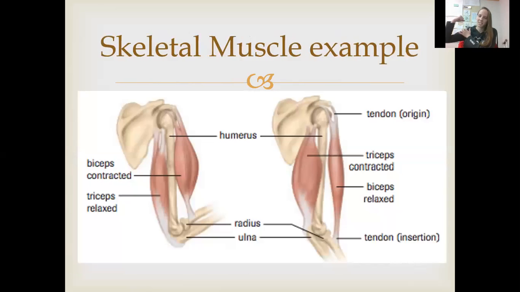So for example, still talking about your upper arm, you would have the tendon that attaches to your shoulder, that's attaching to a part that's not moving. That would be the origin. And then the tendon that attaches to your lower arm would be the insertion, because that's the part that's actually moving when you contract either your bicep or your tricep.